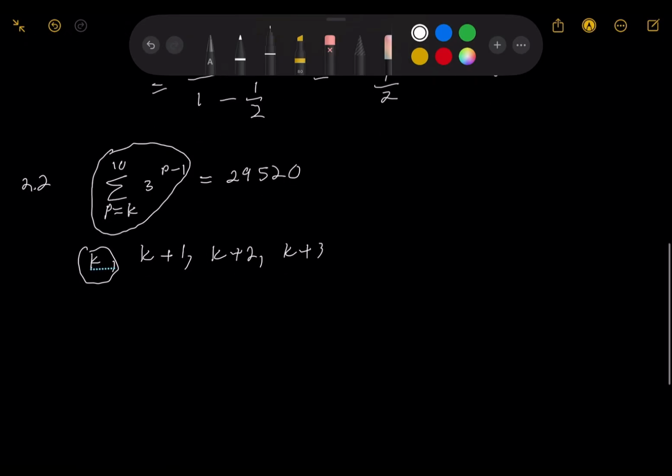So let's do it and stop blabbering, okay? So what are we going to do? We're going to say 3 to the power p. Where we see p, we substitute the first term, which is k in this case. It's going to be 3 to the power k minus 1, plus this following one, 3 to the power, where we see p, we substitute k plus 1, minus 1, plus, we're going to continue.